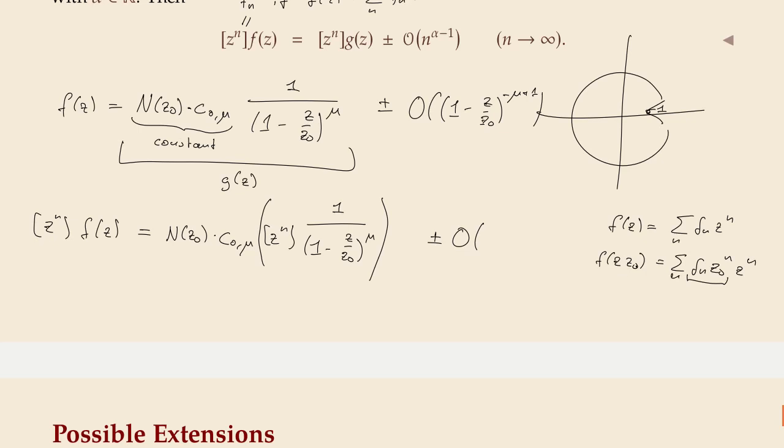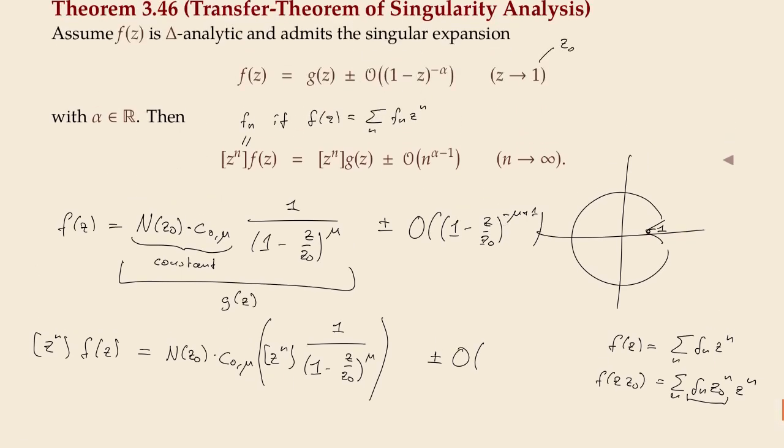And if you insert this product here, then you see that these are just canceling to z, and then you have the form of the transfer theorem. So all that happens is now we get a z0 to the minus n in front.